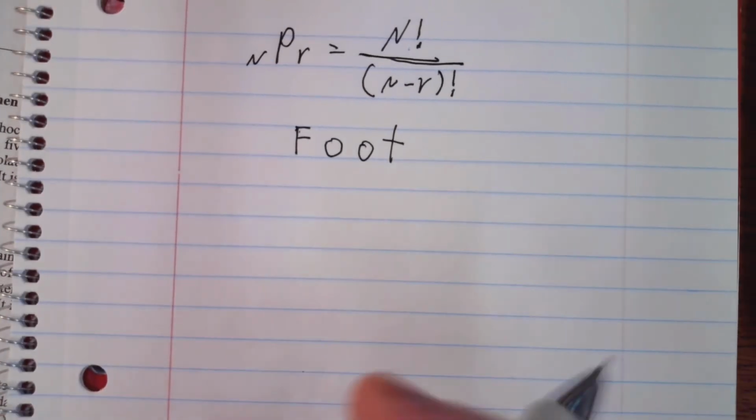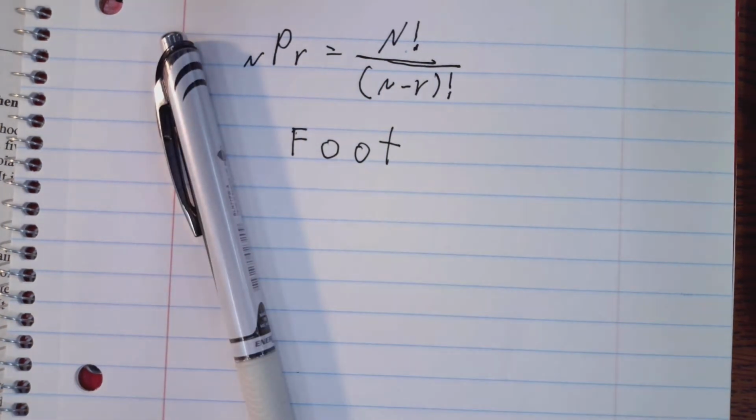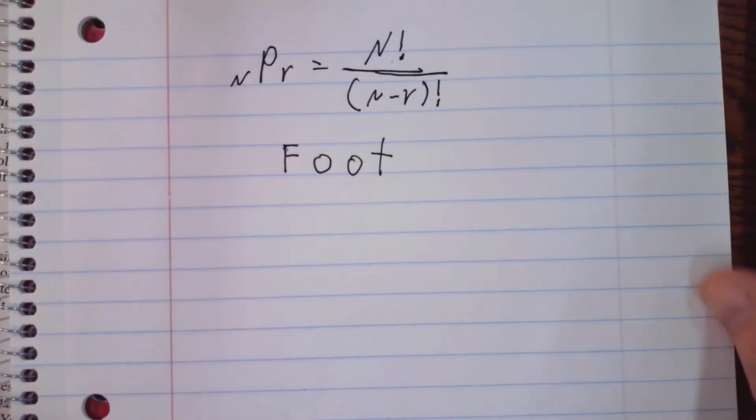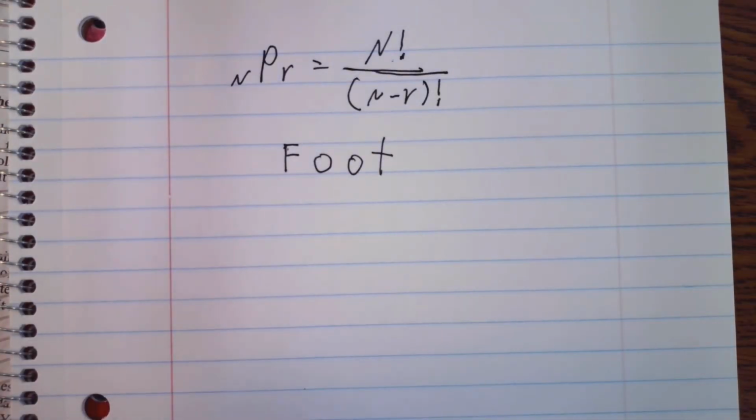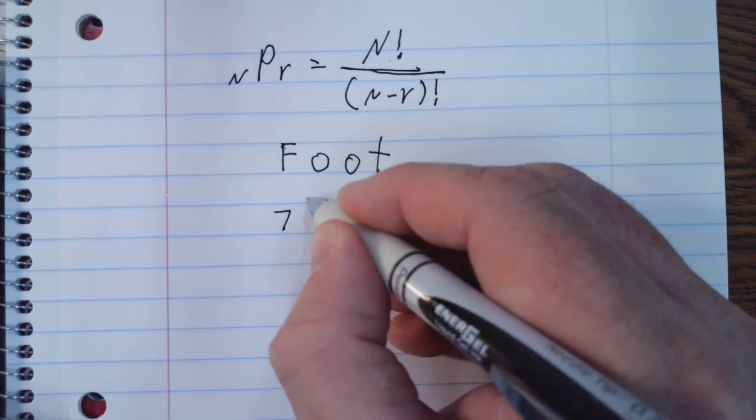So how many letters do you got? All right, so let's see if we can get this. 7. So we got 7. I think we're taking it 7 at a time.